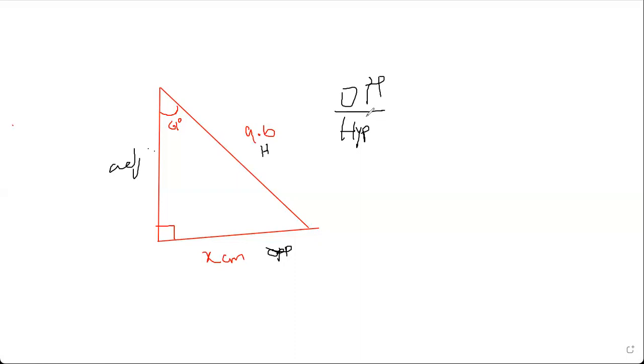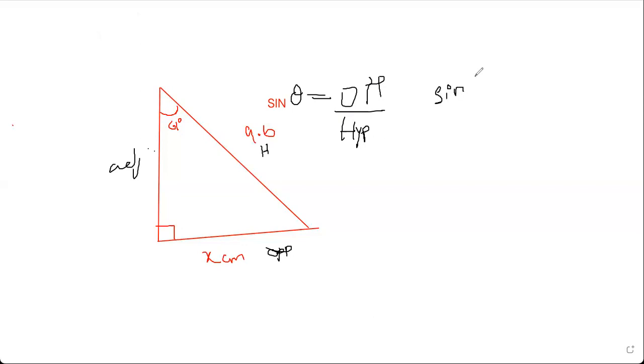So you can check for sine theta, we have opposite over hypotenuse. So you can use sine theta here. Yes, sine theta is equal to opposite over hypotenuse. All right.